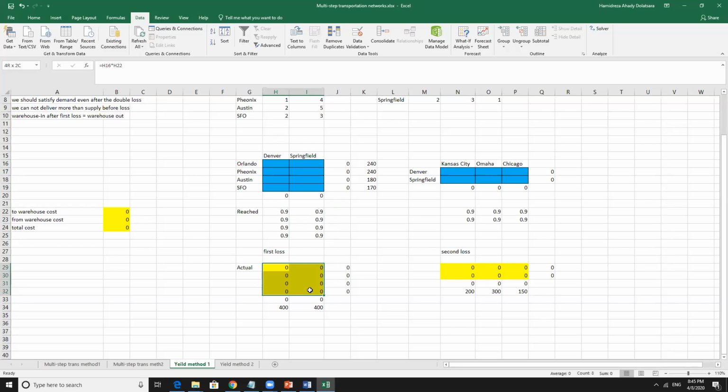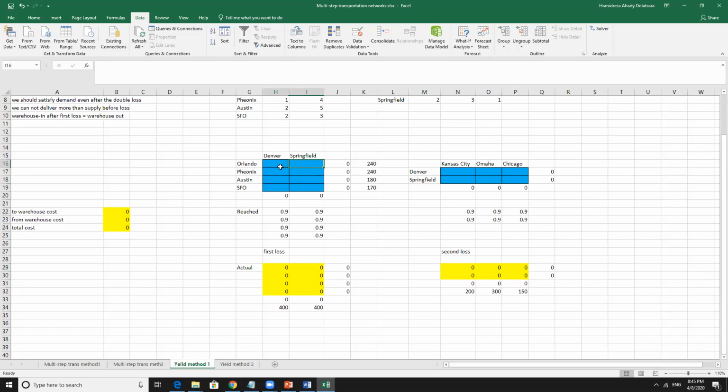This giant yellow rectangle says what your warehouse receives. Similar to the second table, you know how much you sent from Denver and Springfield to Kansas, Omaha, and Chicago. But whatever you send, you should multiply by 2.9 to see what they receive.